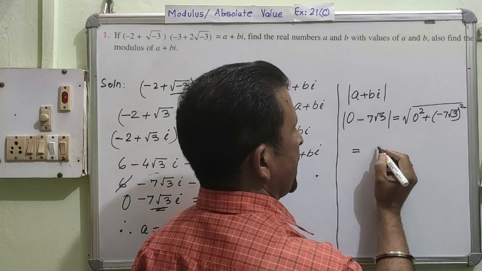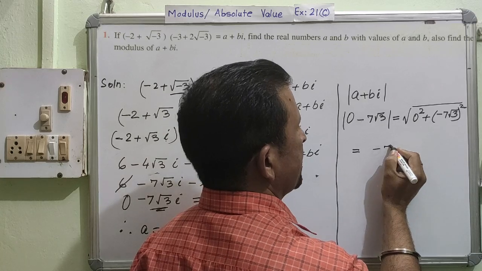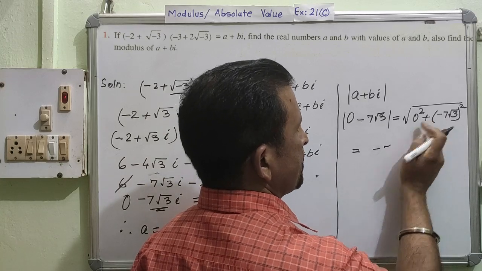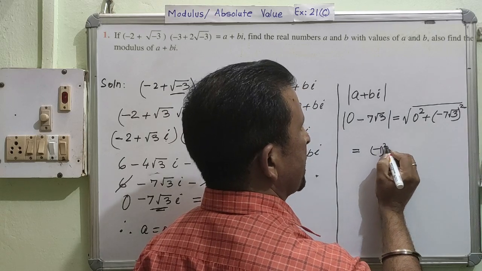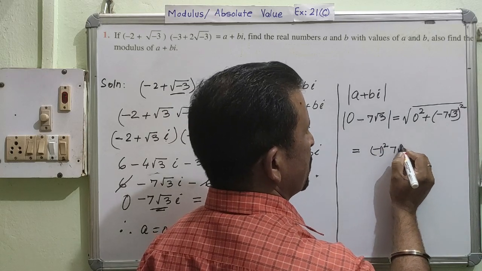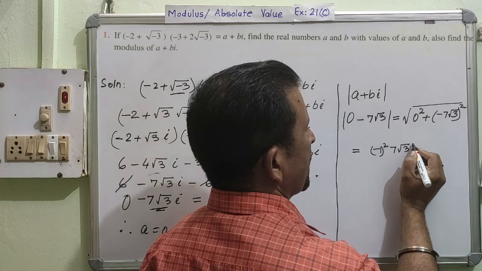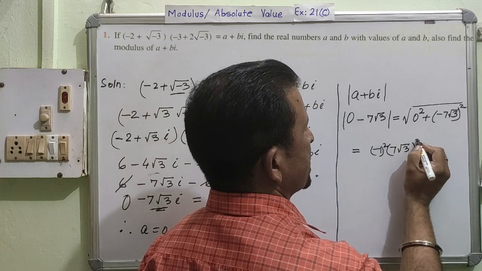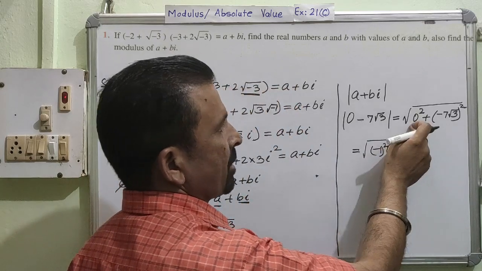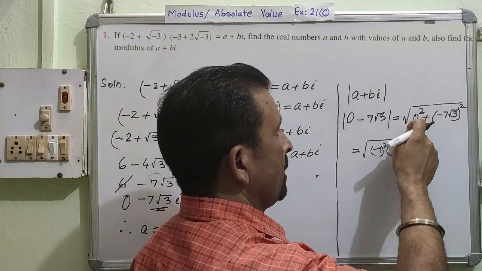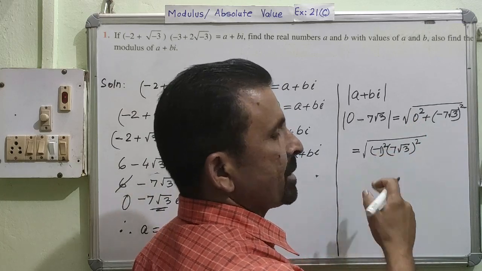Now, it will become finally minus 7, right? What we can do is minus also we can separate from the number. So minus 1 square and then we can say 7 root over 3 whole square and then root over it. Now this minus 1 square, minus 1 square means it will become positive.